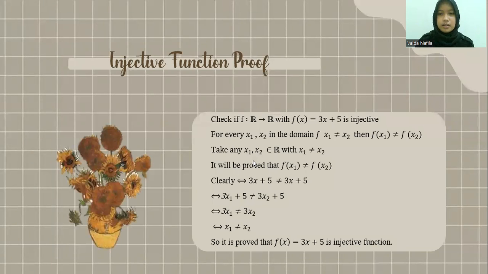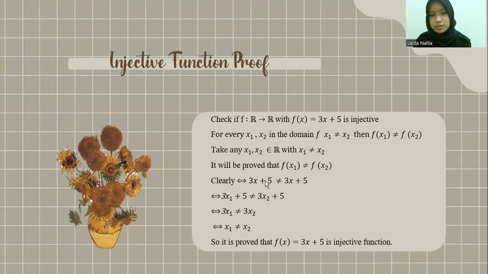Okay, injective function proof. Check if f: real to real with f(x) equal 3x plus 5 is injective. For every x1, x2 in the domain of f, x1 not equal x2, then f(x1) not equal f(x2). Take any x1, x2 element real with x1 not equal x2; it will be proved that f(x1) not equal f(x2).